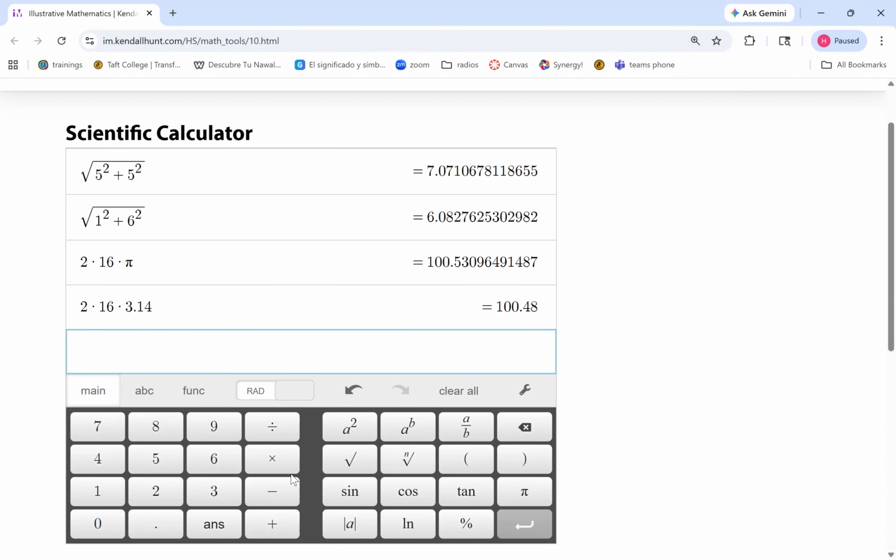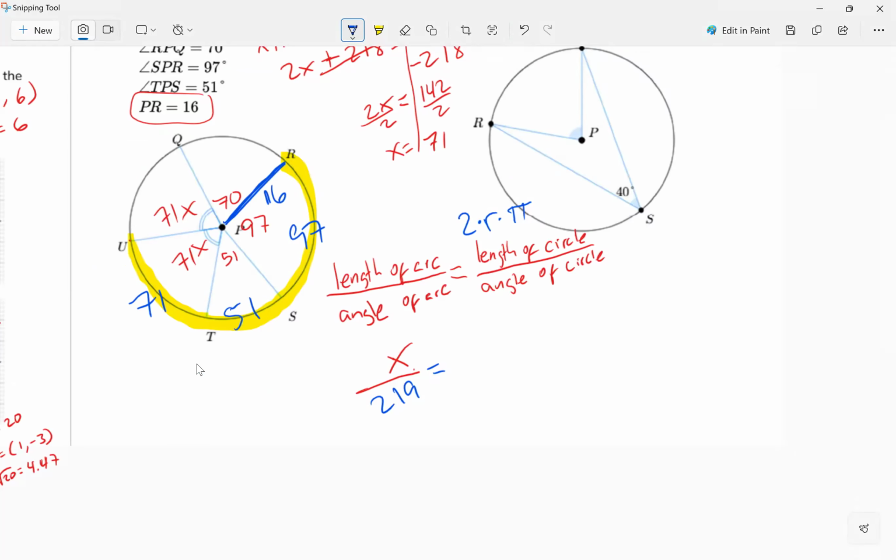Okay, so let me come back to our question here. I'm gonna say the length of the circle is 100.53. I chose the pi symbol. Now the angle of the circle, isn't that 360?